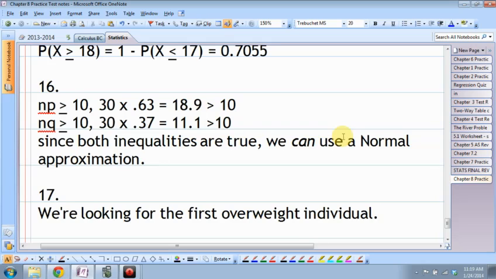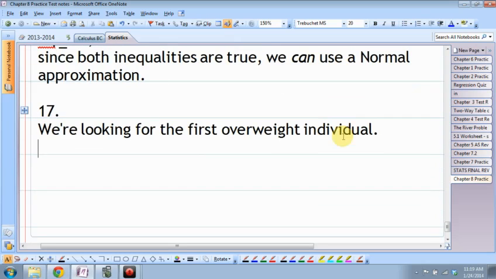We'll finish 16 and I don't want to jump back to it. First individual, so we're looking for the mean. The mean is 1 over p, which is 1 divided by 0.63. Okay.